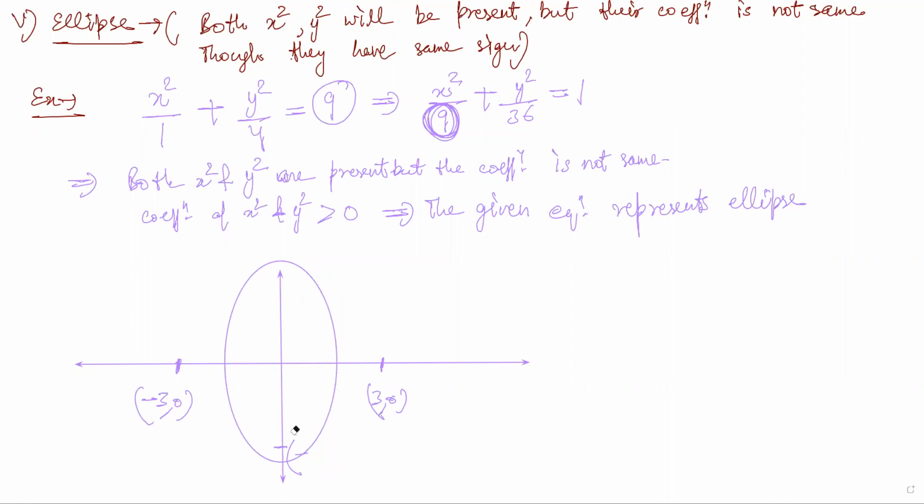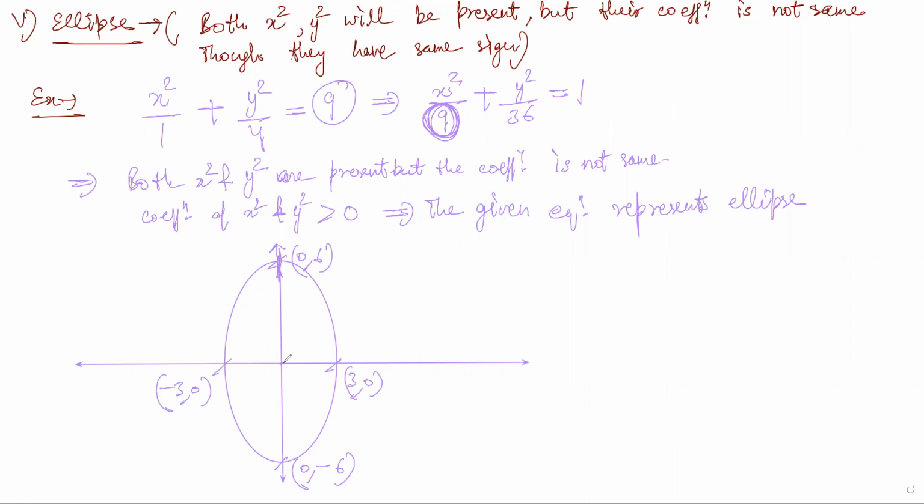Correct. This point will be 0, 6. This will be 3, 0. This will be 0, minus 6. And this will be minus 3, 0.